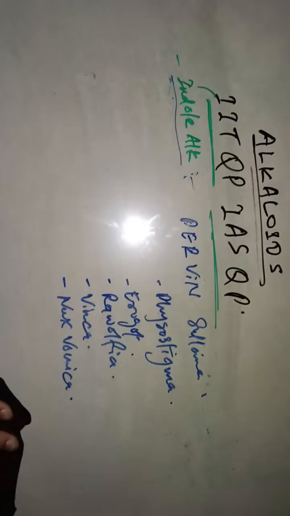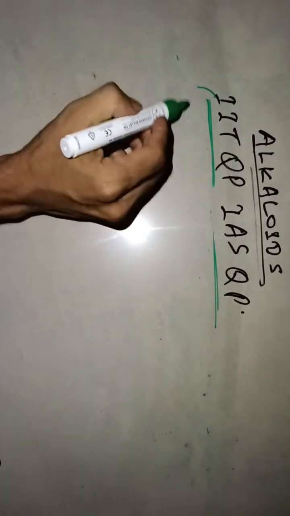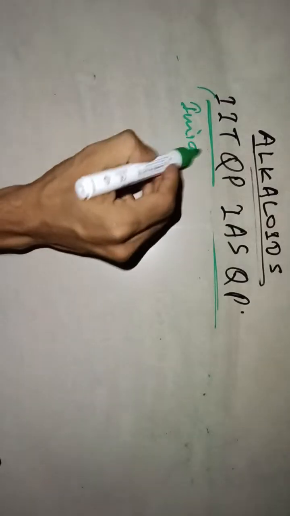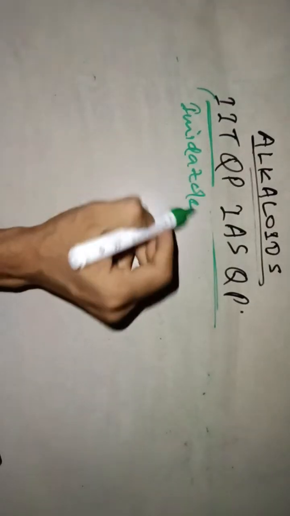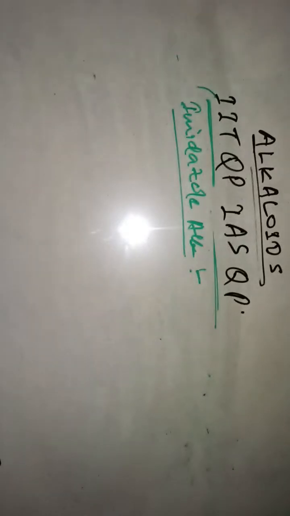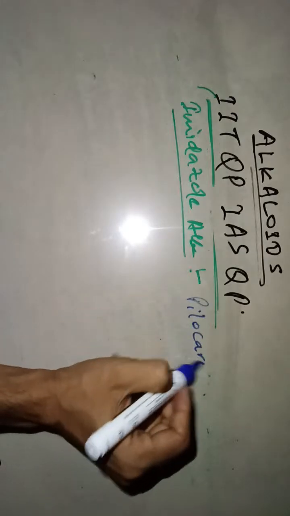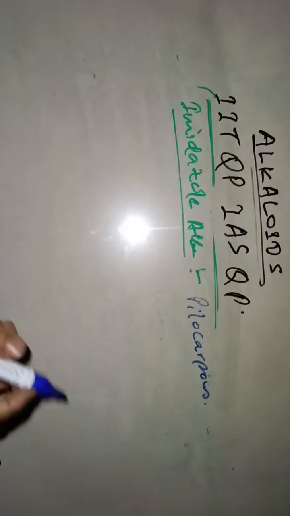Only one alkaloid is present, a single plant, and the example is pilocarpus.